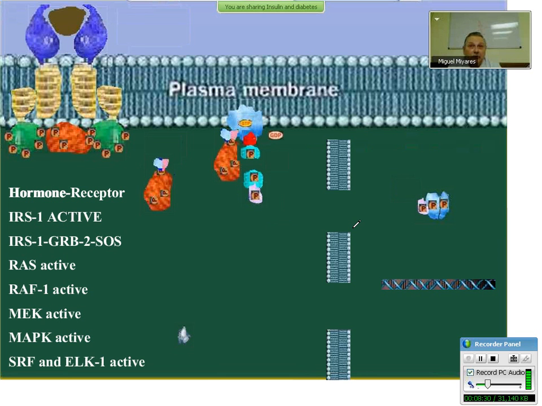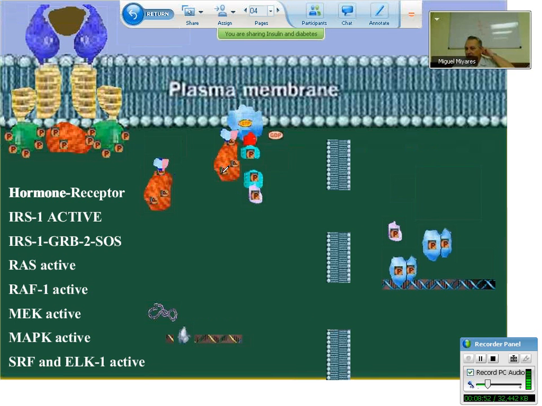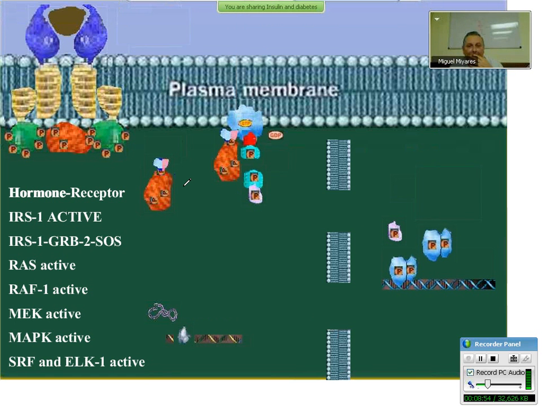Remember that transcription requires to be activated in the eukaryotic cell. Then phosphorylation will produce the covalent modification of those transcription factors, activators, and when those activators interact with the enhancer region, we stimulate the messenger RNA synthesis.